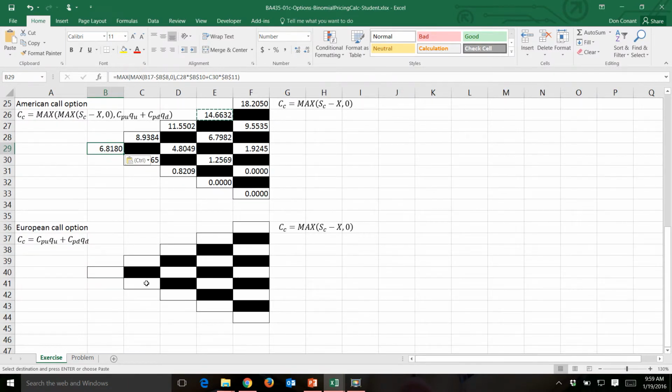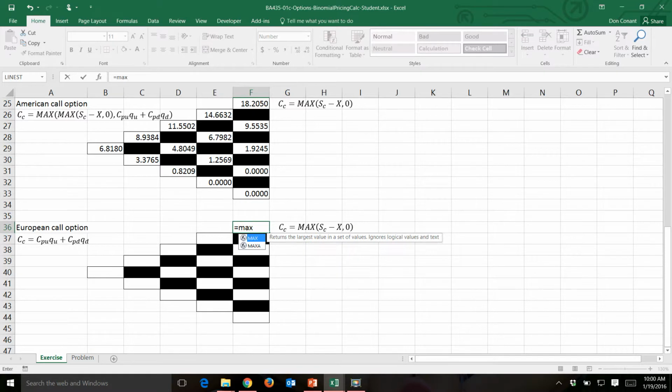Let's go ahead then and do the European call option, which is very similar to the American call option. It's just that we don't have to include the stock price and exercise price comparison all the time. So we'll start at the back and work forward.